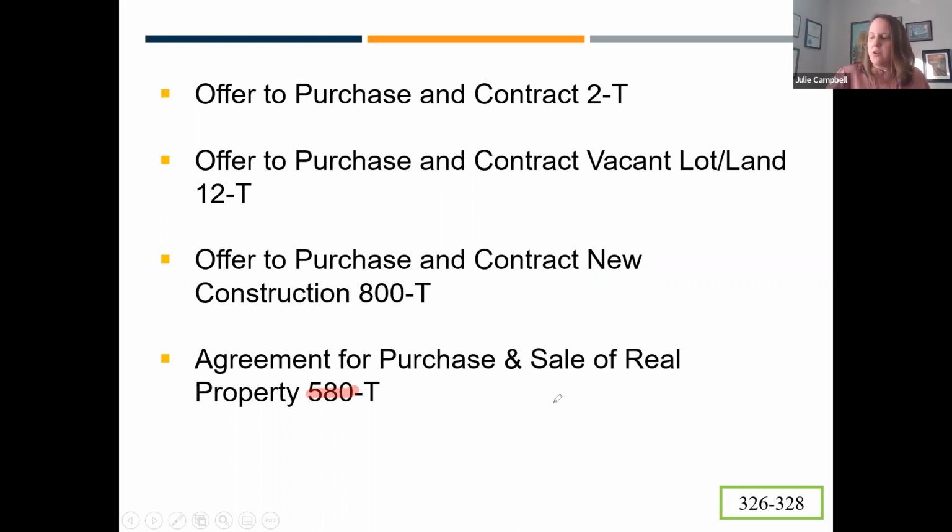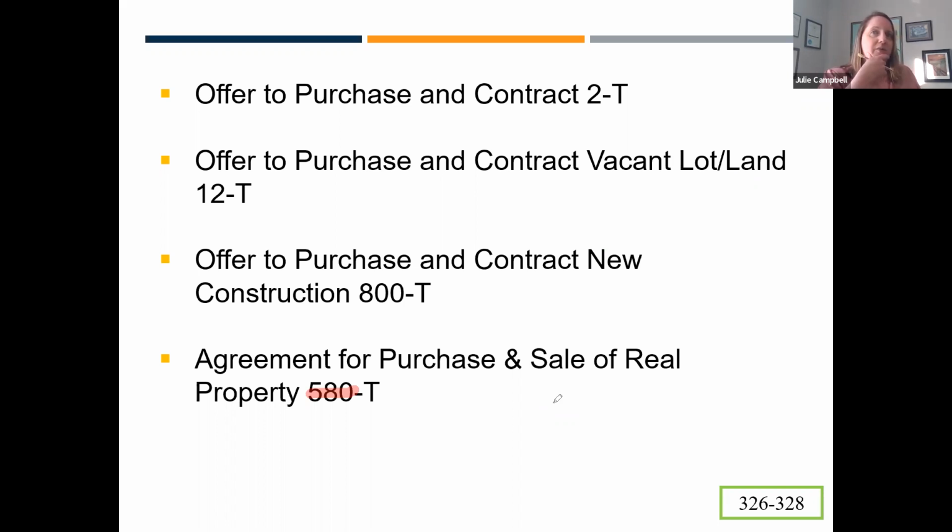So if you ever get your hands on a commercial form by accident, if it's a 500 series, it doesn't apply to residential. And I've had a lot of commercial agents tell me that 580T is very generic and doesn't apply to a lot of commercial situations. So they end up drafting their own contract anyway.